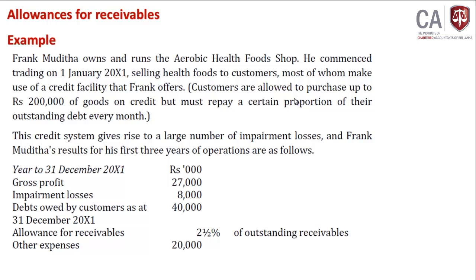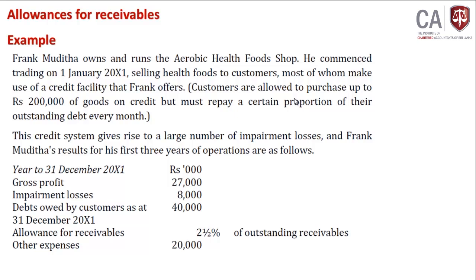Frank Mudita owns and runs the Arabic health foods shop. He commenced trading on 1st January 2001, whatever the year, we're not worrying about the year of the company, financial statement.